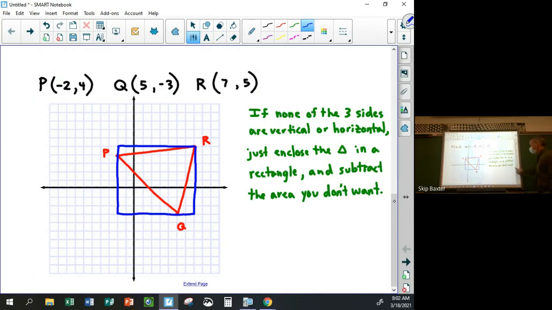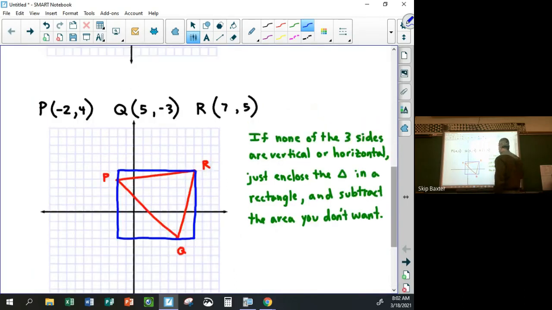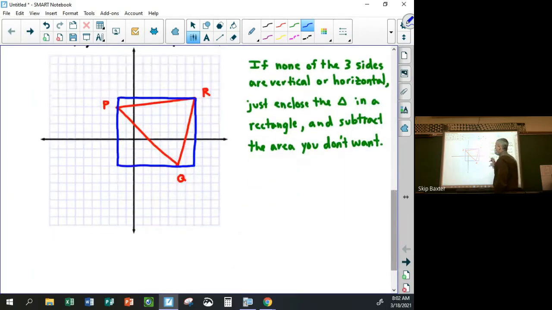And if you think about it, the area that I'm looking for is really the area of this rectangle minus the three triangles that don't belong in the area that I'm looking for, right? So if I shaded the areas that I don't want to include, I don't want to include this little triangle right here, this area right here, and this area right here.